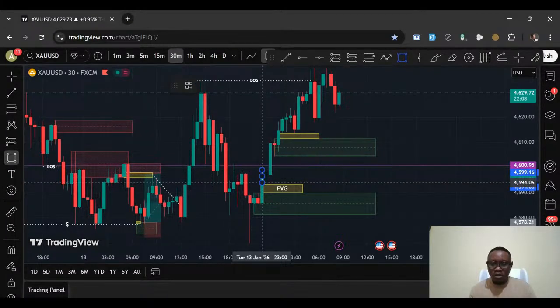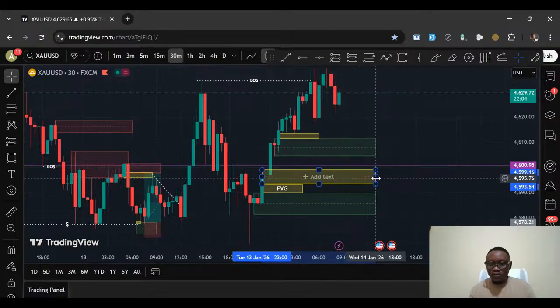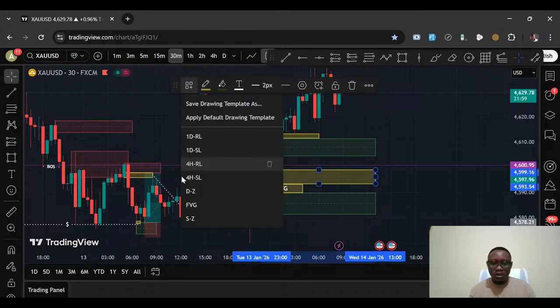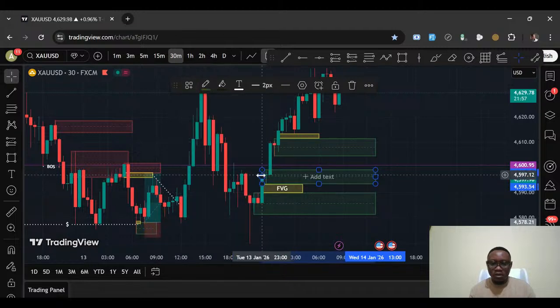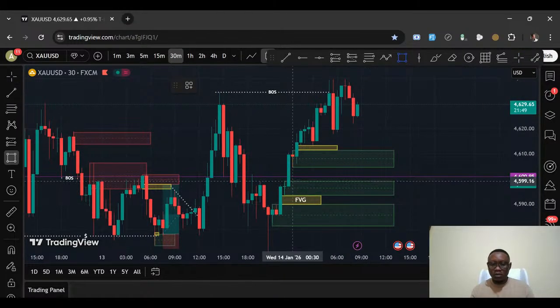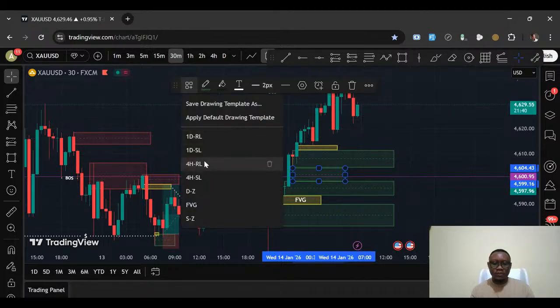Like I told you guys in our last session, this is an order block zone. Let's have the fair value gap. All right, so these are FVG.